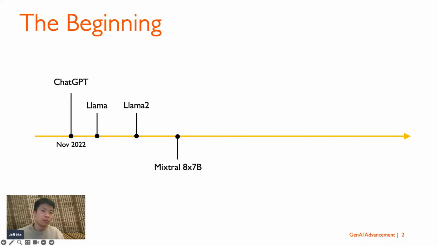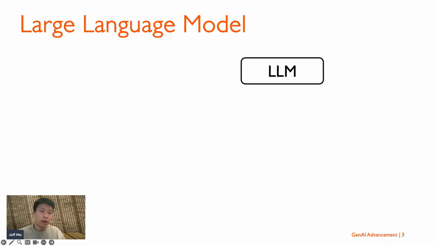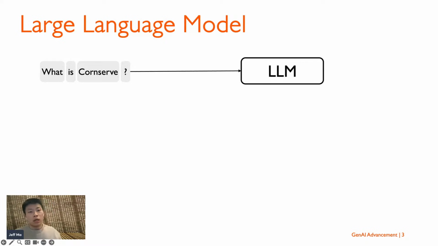But how does an LLM work? Many of you probably have some sense of it. Essentially, it is a deep learning model that's trained to predict the next token in the text prompt. When we give an input prompt to an LLM, for example, "what is Cornserve" in this case, this prompt will first be tokenized into 4 tokens and passed into the LLM, which will perform some internal computation and output a token that has the highest probability to be the next token given its training data.